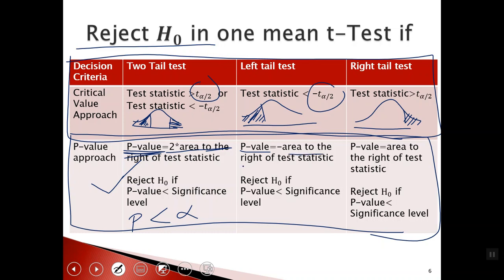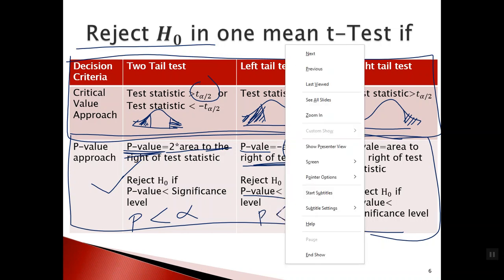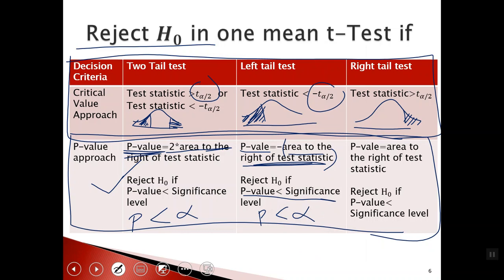Area to the right of the test statistic, negative, that value gets the negative sign. So reject H naught if p-value is less than your alpha.